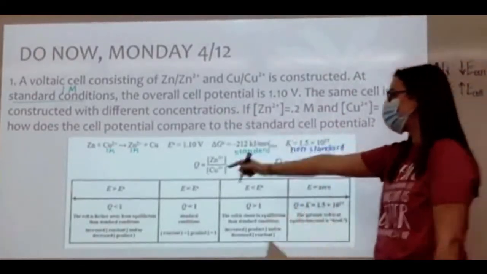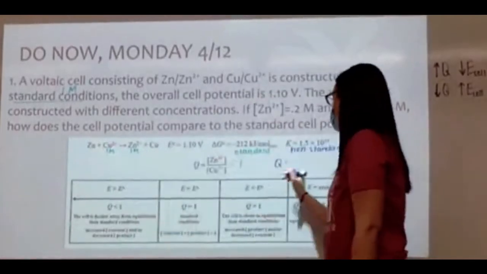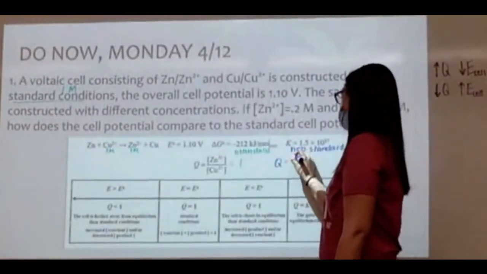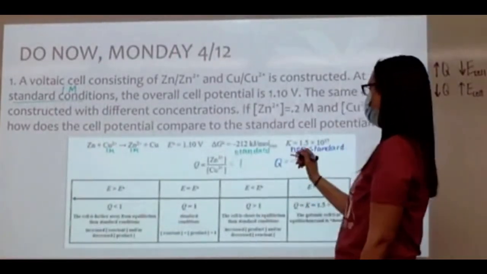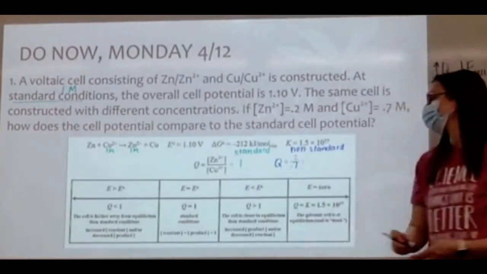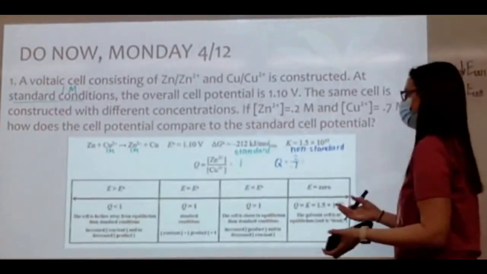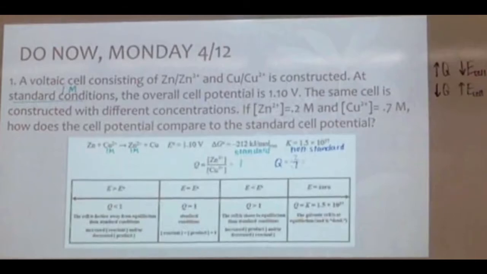well, Q is products over reactants. The solids are not included. So Zn2+ is 0.2 molar, Cu2+ was 0.7 molar. If we want the exact concentration, we could plug it in our calculator. We can see, though, 0.2 divided by 0.7 is less than 1.